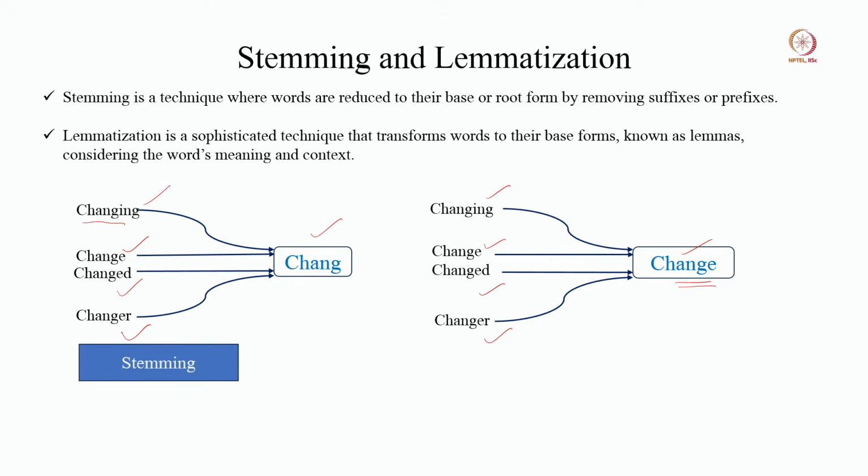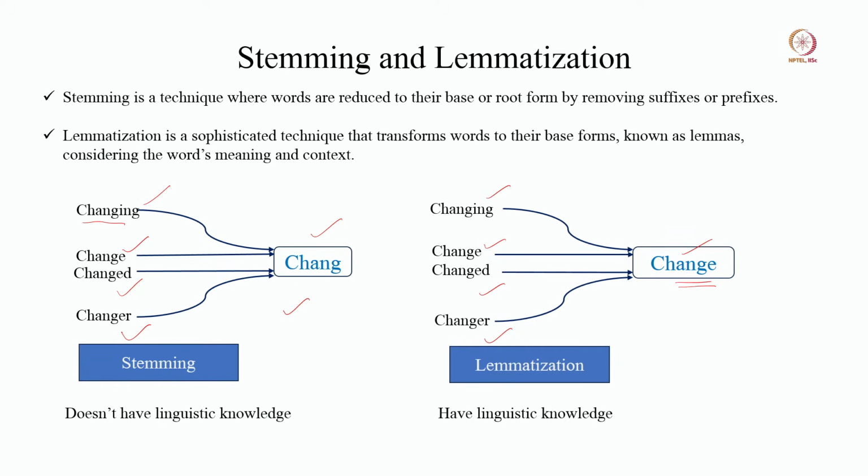So stemming is an example where it has no linguistic knowledge, it is just removing the suffix and prefix of the text and making it a base or root form. Whereas in lemmatization, they transform the text into something which is present in a dictionary. That means it has a meaning of its own. So this is stemming and lemmatization.